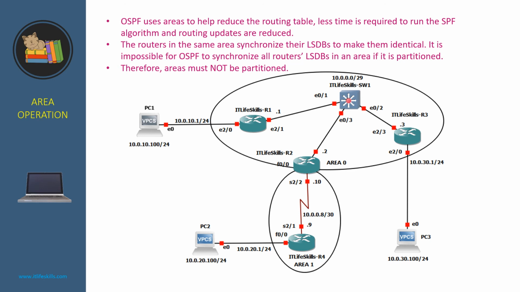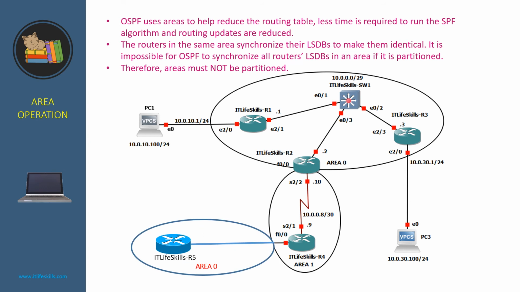For example, now if we extend area 0 like this, it makes area 0 partitioned, and it is impossible for OSPF to synchronize the link state database of router 5 to other routers in area 0. Therefore, this configuration is illegal.